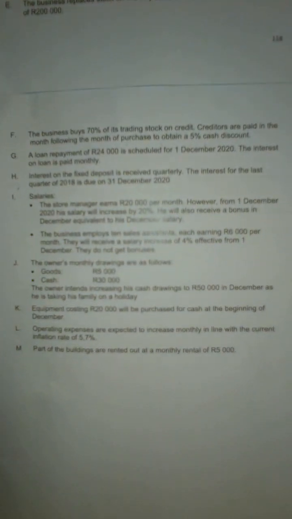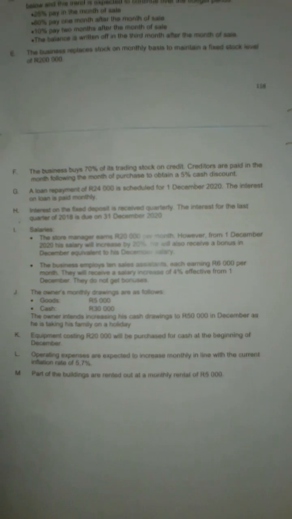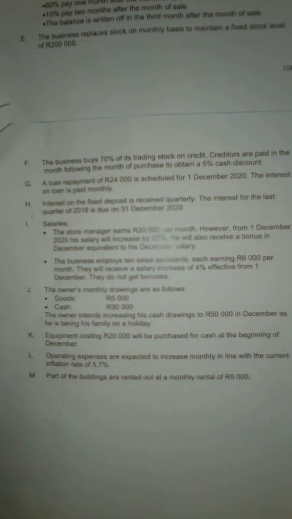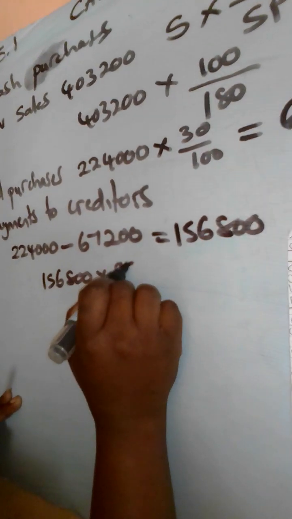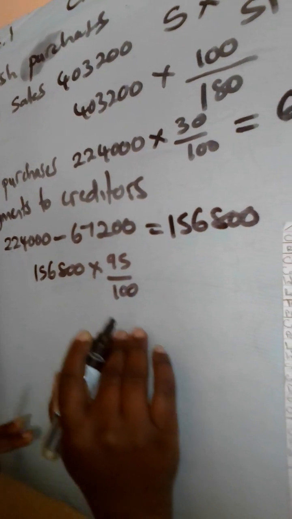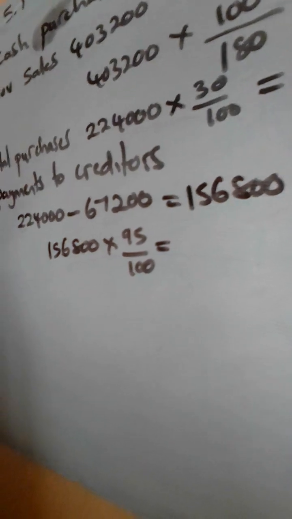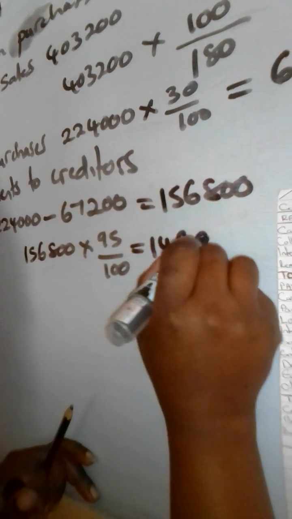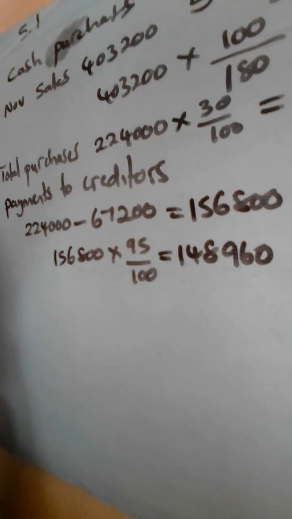But remember what they said, there's a 5% cash discount. So we are also going to multiply that amount by 95%, because we have removed the 5% from a 100% amount. 156,800 times 95% is going to give us 148,960.